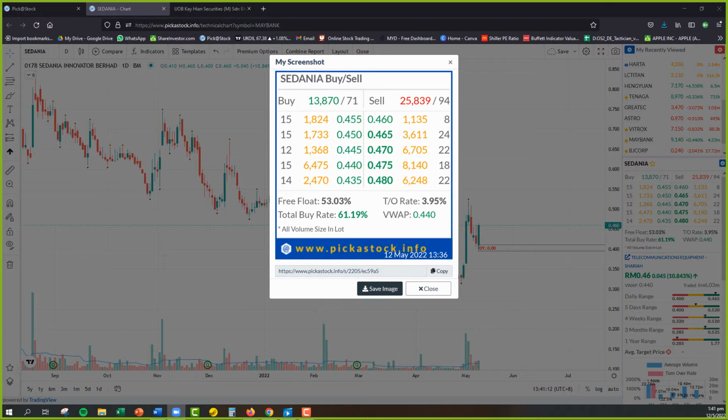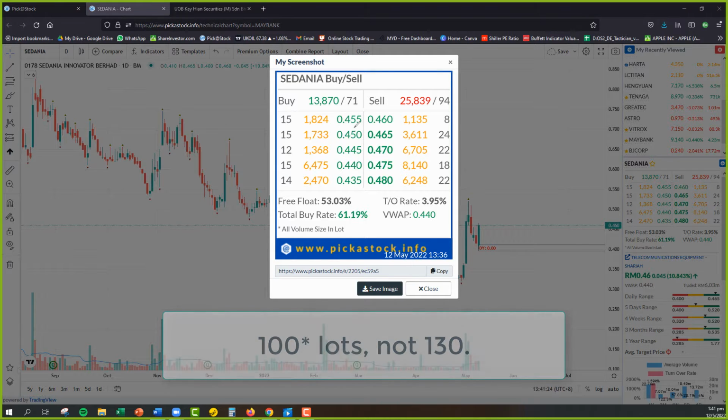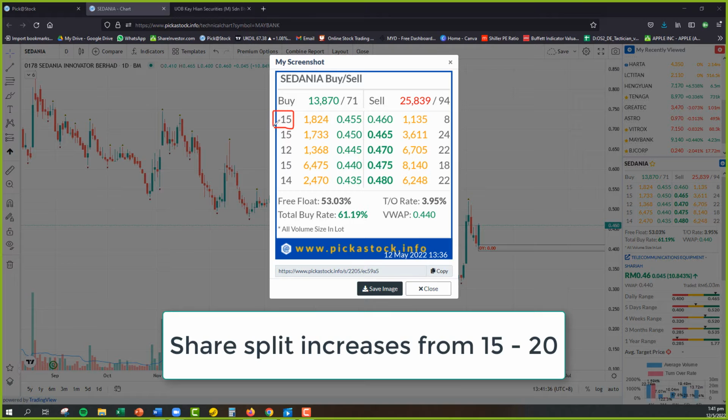If you entered, let's say, 5 orders, and that is entirely possible, buying at 45.5 cents at 100 lots each time, right? 5 orders, again at 45.5 cents, and each time you key in 100 lots each. Then there would be a total of 5 share split instead of 1. That means 15 becomes 20.